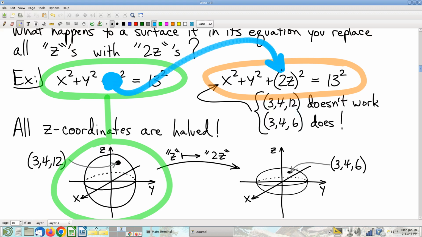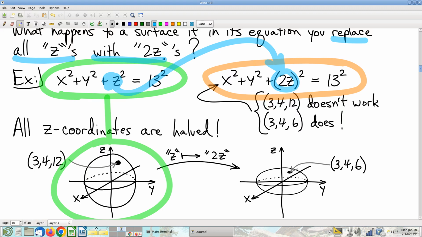z's with two z's, like that. And if I can figure out what this process does, the process of replacing every z with 2z, like I did here, every z turns into 2z.